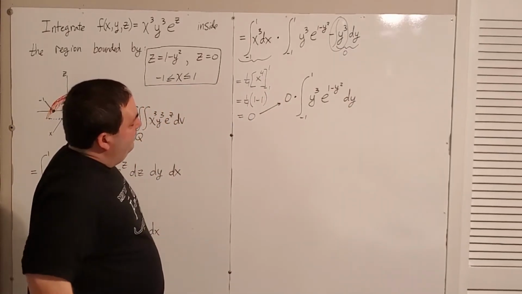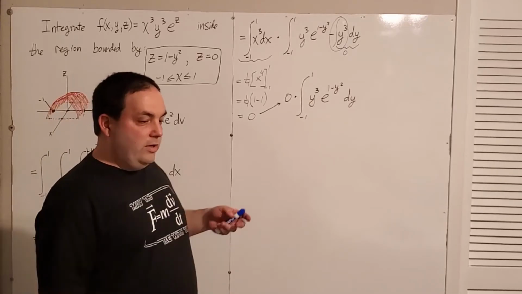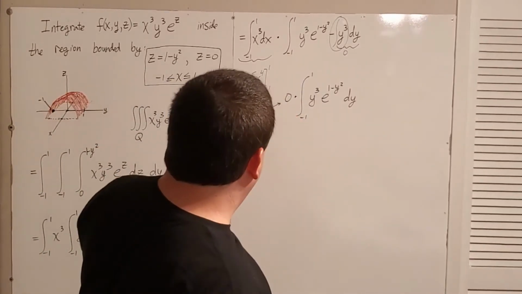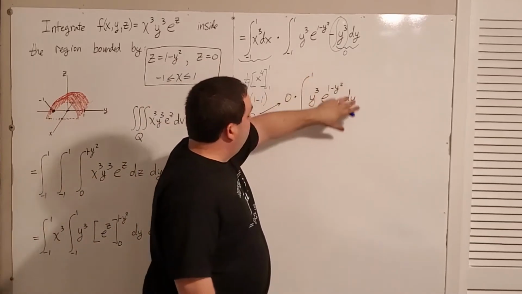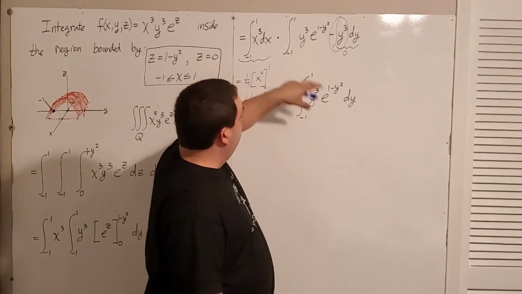Okay? And it will take some doing for you to notice this, but the value of this integral is actually also 0. Right? So we're actually getting 0 times 0.